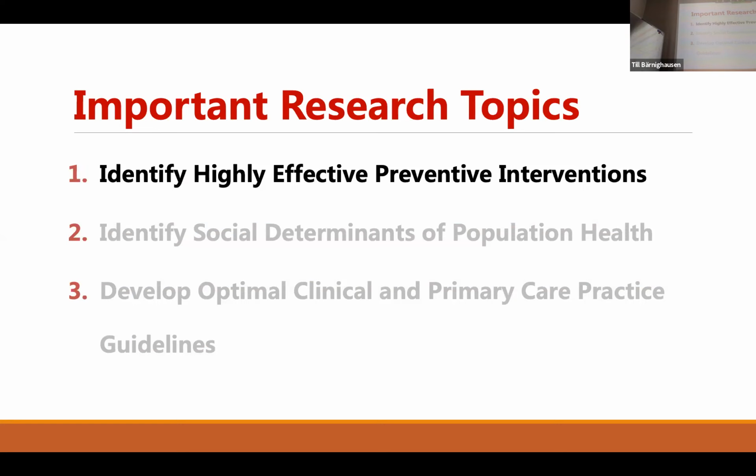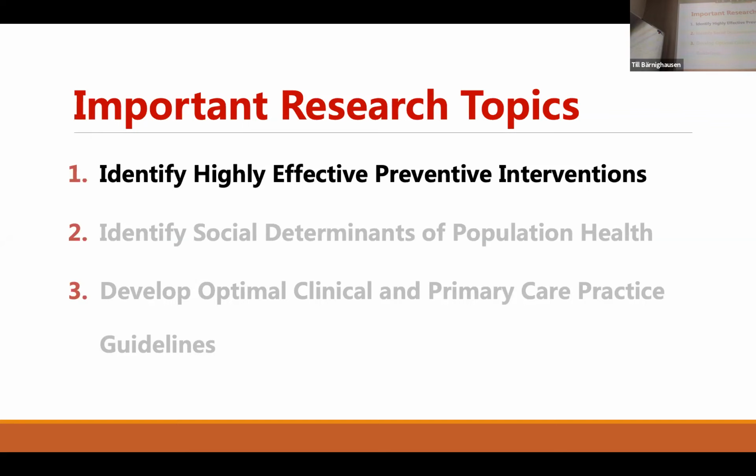The goal of this course is first to get you to learn a set of methodologies to identify a causal relationship, then use these tools. These tools are not the end. The end is to use these tools to solve real-world problems. So we need to know what the real-world problems are that need our strength and our efforts. So these are important research topics in population medicine and health policy.